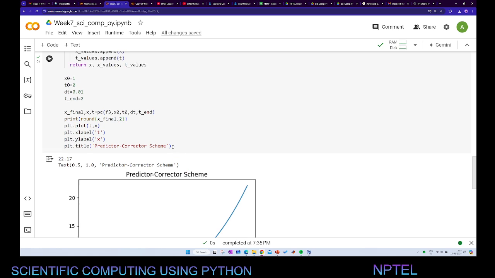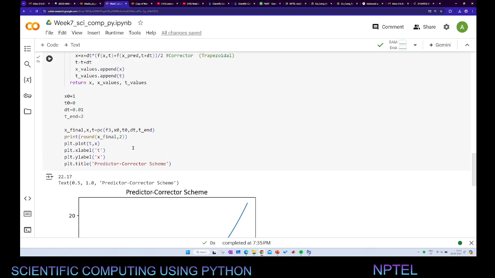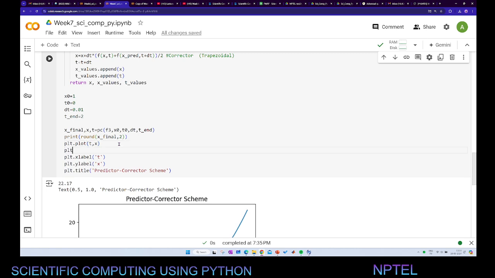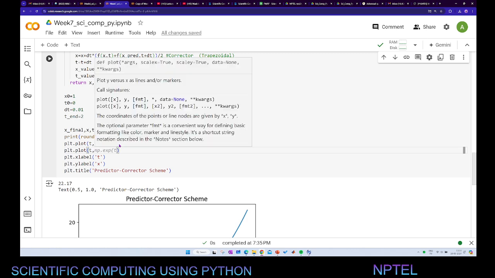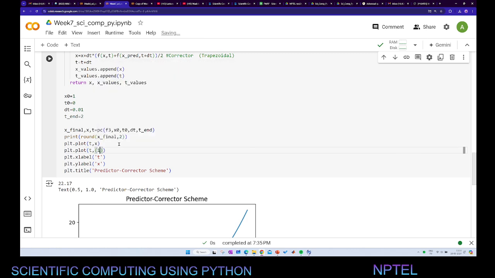And now let's compare it with the real solution. What was that? So I'll say plt dot plot, and the solution that we got was 1 plus t, so t times 1 plus t times np dot exponential of t.